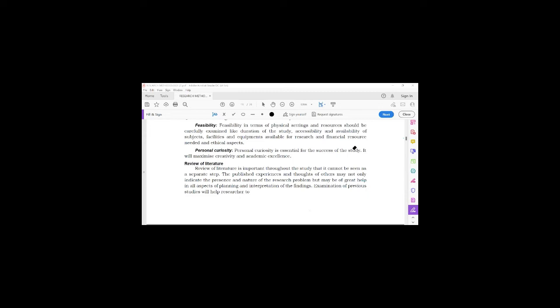Review of literature is very, very important. Unless you know what has already been written about this particular topic, what dimensions have been studied earlier, what is the new thing that you are going to tell? If you are repeating the same thing that has already been said, then what is the use, in terms of new knowledge, new understanding?